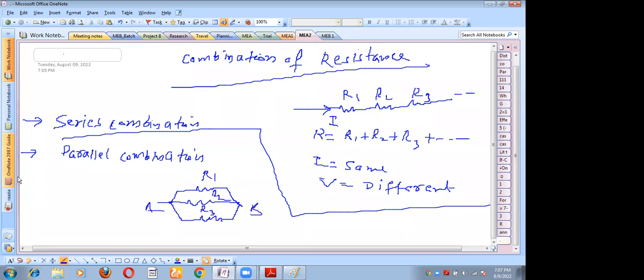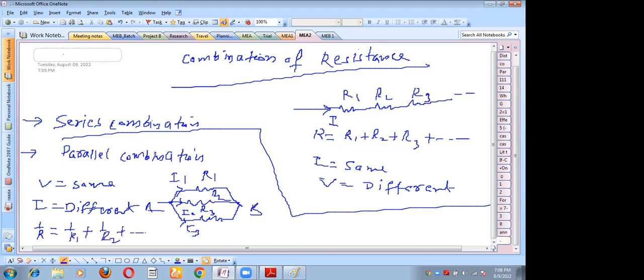Here what will happen? Potential will be same, and current will be different. Suppose here we have currents I1, I2, and I3 like that. So in parallel combination, 1 by R equals 1 by R1 plus 1 by R2 and so on. So this is the parallel combination.